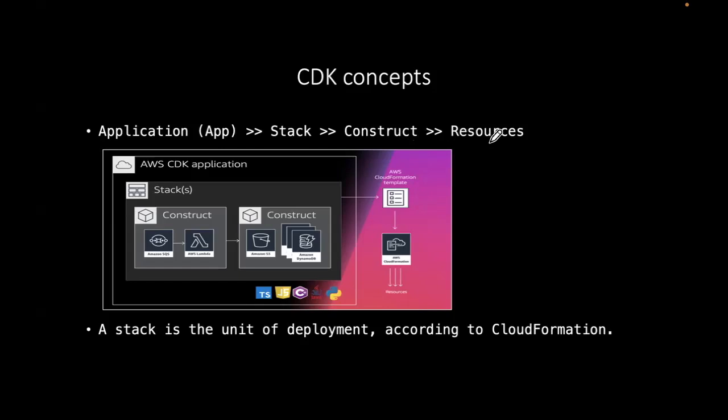So resources are down at the lowest level. A resource would be a single S3 bucket, a single IAM policy. A construct could be a combination of a number of resources. And the diagram down here visualizes the relationship between these four terms.